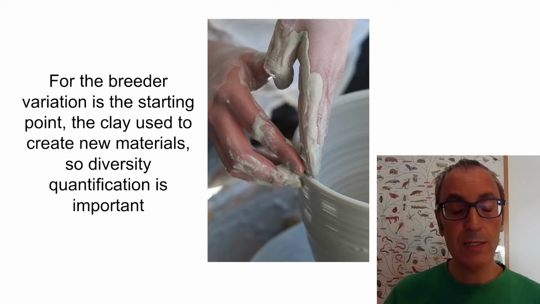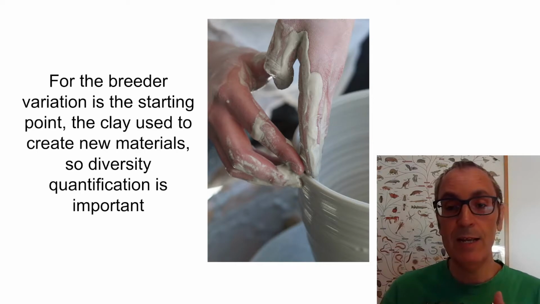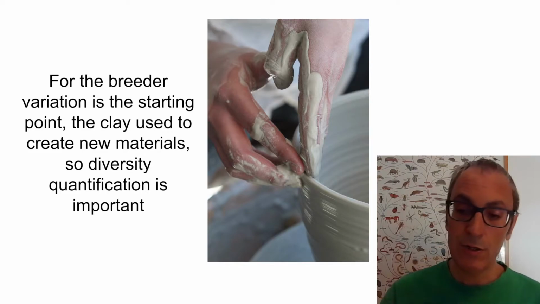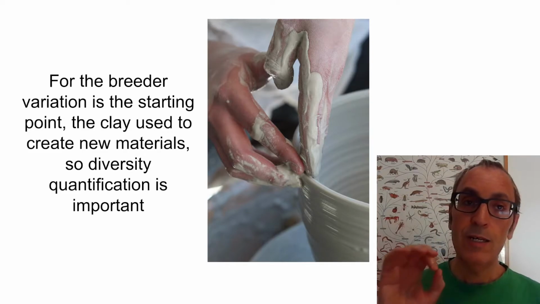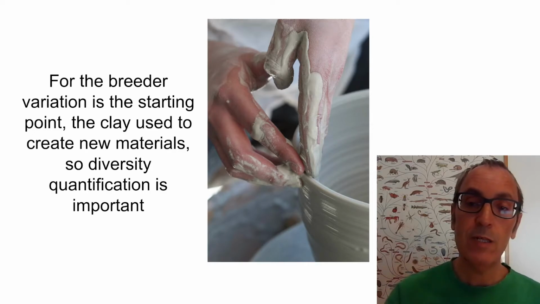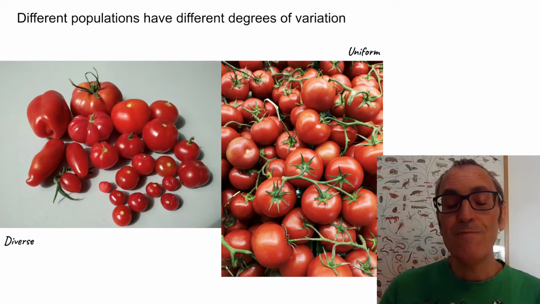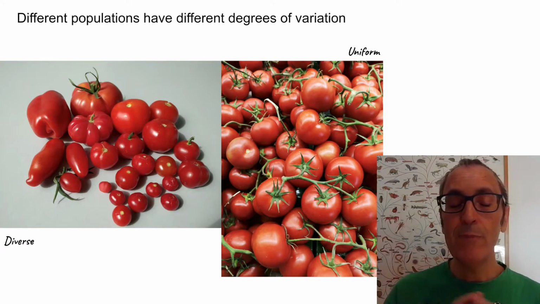In breeding, for instance, diversity is basically the material with which the breeder can work, and in natural selection also. So diversity is very, very important in every population, and there are populations that are very diverse and populations that are almost uniform. So we need measures that give us an idea of the genetic diversity of the populations.